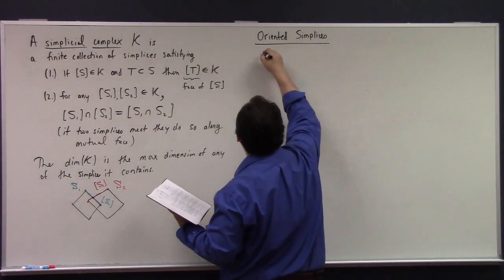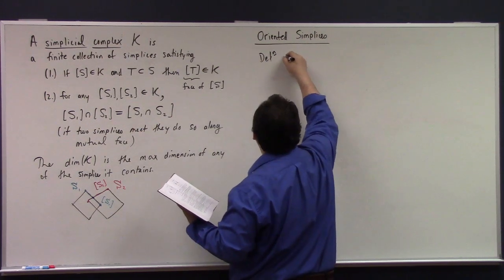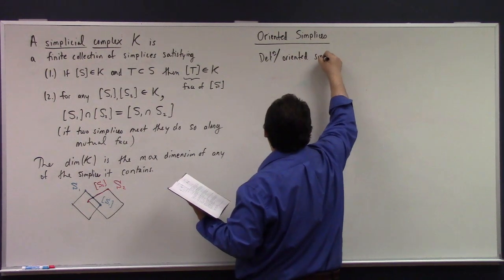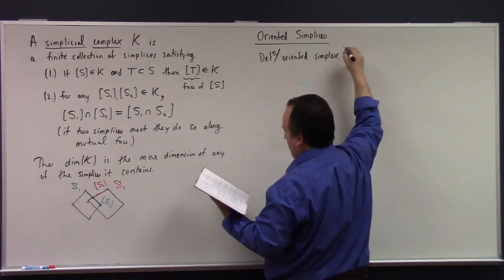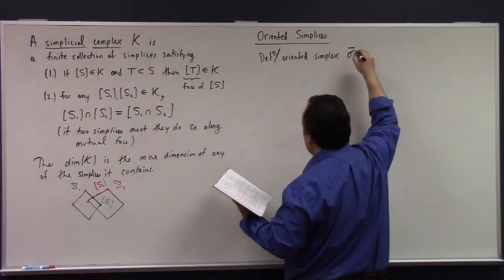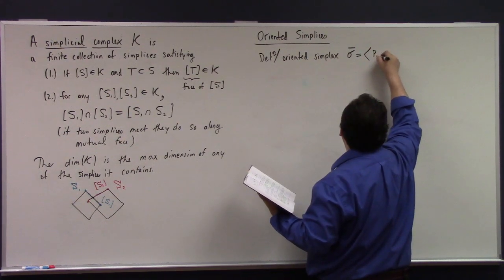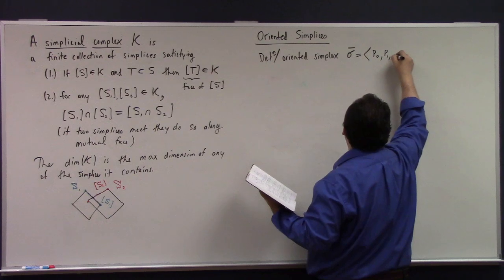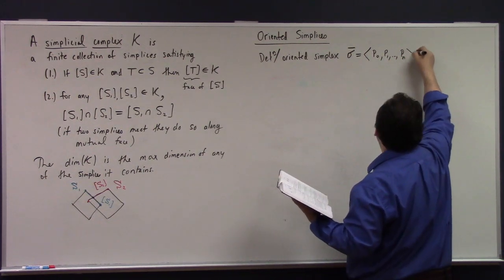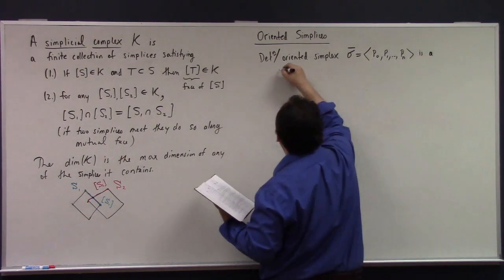Oriented, so definition, oriented simplex. We'll use sigma bar for this, and we'll use the brackets to indicate that they're oriented. [P0, P1, all the way out to Pn] is a simplex.